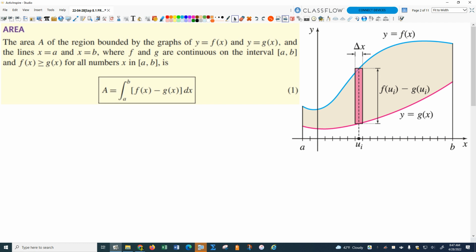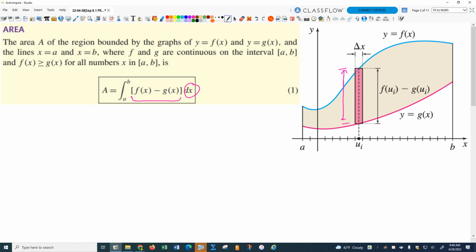And again, we're just going to add those up between our limits of integration, and there are going to be an infinite number of those, right? So then this ends up being the height. There's the height of the rectangle, right? That's this distance. And that's just the width of the rectangle. No big deal, okay? From whatever a is to whatever b is.